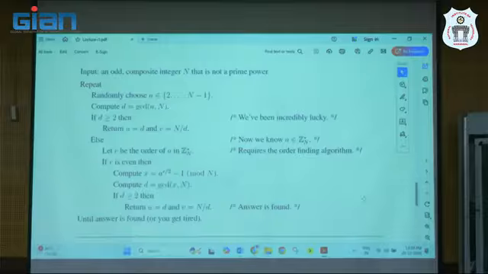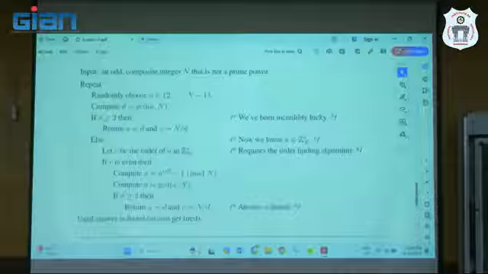We can compute the GCD using Euclid's algorithm. Correct. Find the GCD.